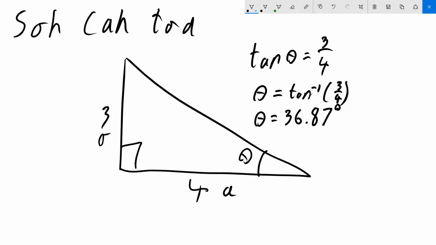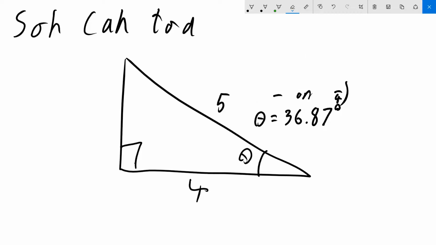So, what if we didn't know what that side was, but we did know that this was 5, and we wanted to work out what angle theta is here. So we can use our previous method, or we could just use a different trig ratio.